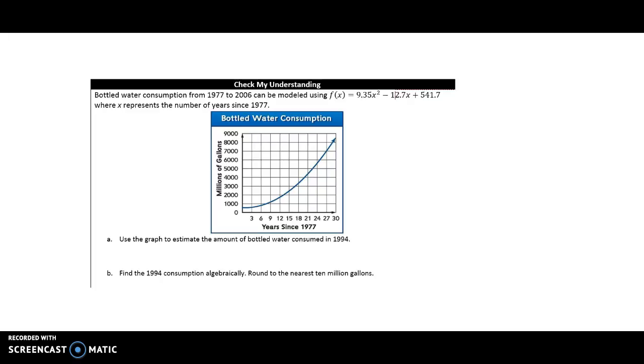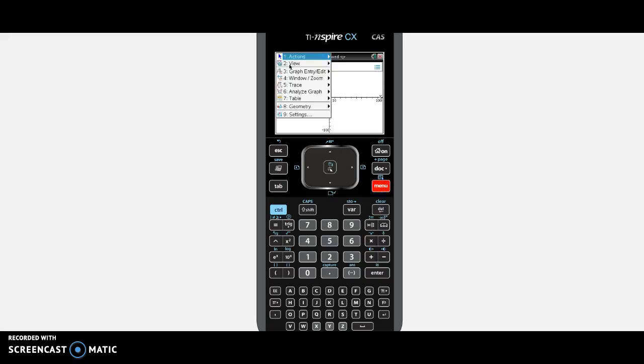This is also so nice, and this might happen to you on your test tomorrow. If you notice, I give you a visual of what I should see, and it's no wonder that -100 to 100 is not working. The x-axis only goes from 0 to 30, and the y-axis goes from 0 to 9,000. That's a clue to you for how to change your window.